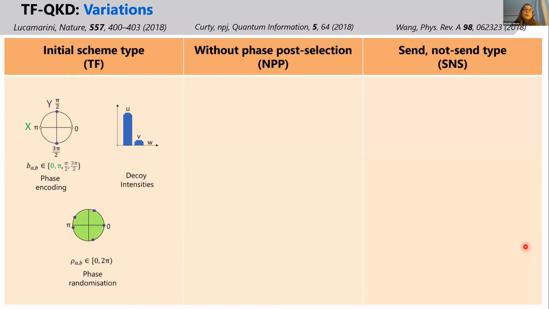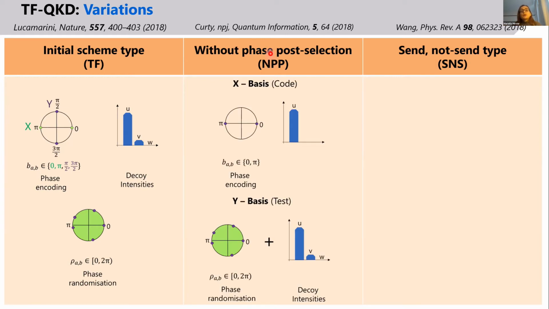Now, since the initial proposal, there have been many other TFQKD variations, and these can be divided in 3 categories. So there are the ones that look like the initial scheme. They are performed the same. They need the same requirements experimentally. And then the first category is protocols that do not require phase post-selection, or NPP TFQKD, in which you can separate the code and your test bases.